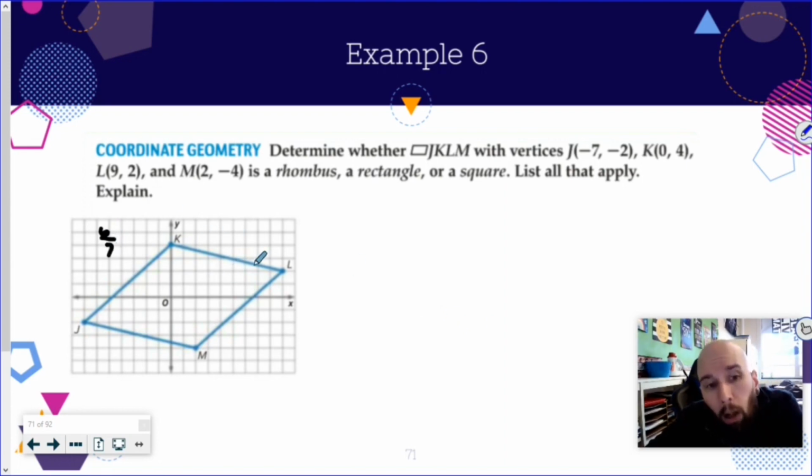My slope from L to K is up 1, 2, left 1, 2, 3, 4, 5, 6, 7, 8, 9. So up 2, left 9. My LM is up 1, 2, 3, 4, 5, 6, over 1, 2, 3, 4, 5, 6, 7.